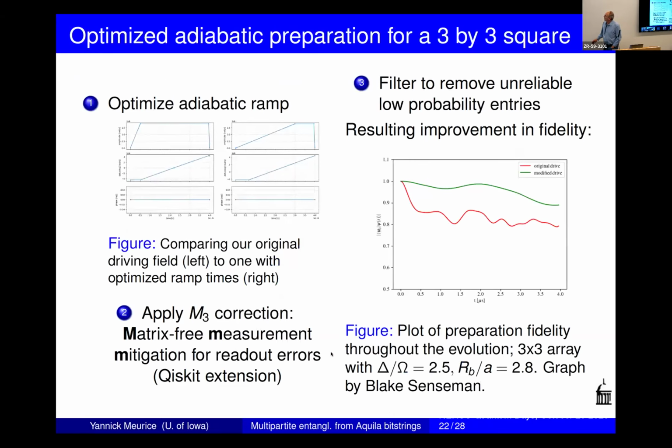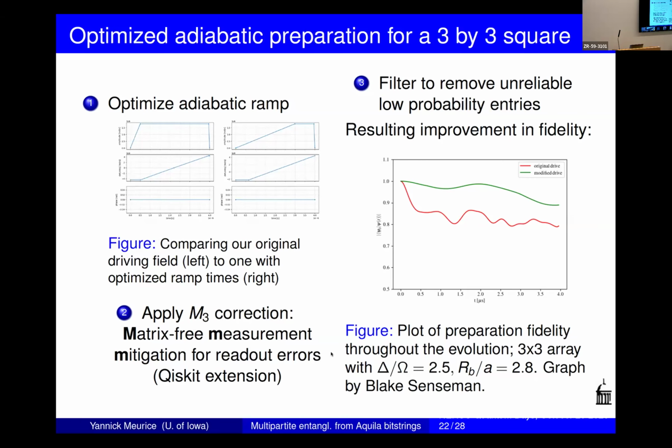Then the adiabatic preparation: I have a student who optimized the ramp up by moving the three parameters, and he was able to improve the fidelity to the ground states.